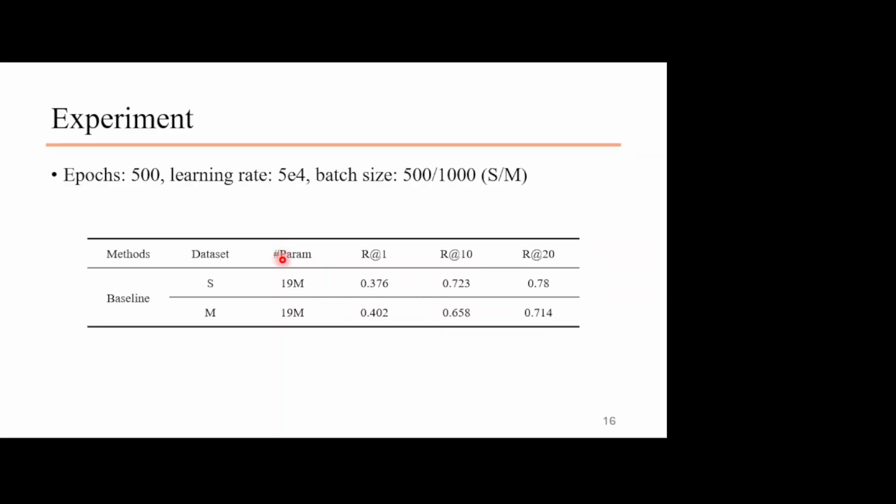So you can refer to this recall to estimate how much recall your model can achieve on the real test set. And this is the baseline training setting for the true version.